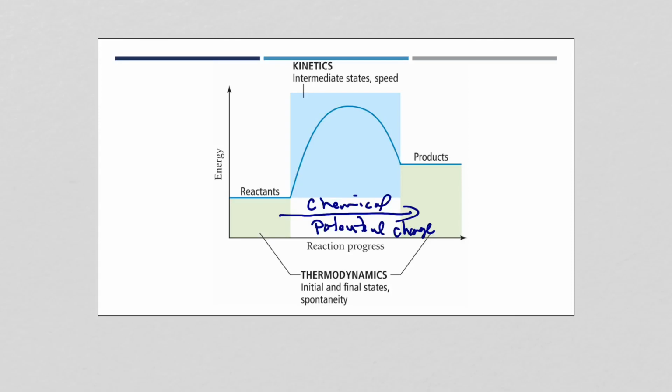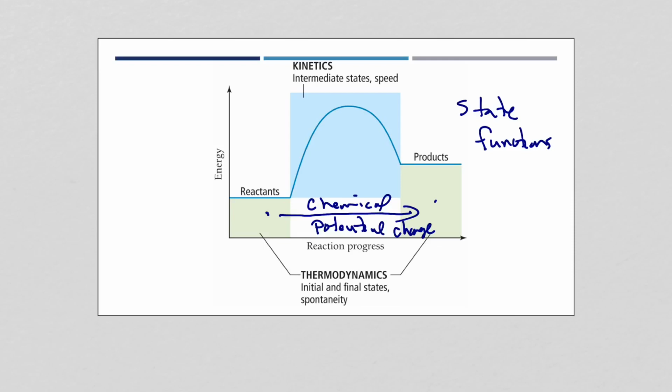And that's what we're worried about. We're not worried about how we get from here to here specifically. We're worried about what it is here and what it is here, right? So this goes back to what we saw in chapter 7, in thermodynamics we see a lot of state functions, right?